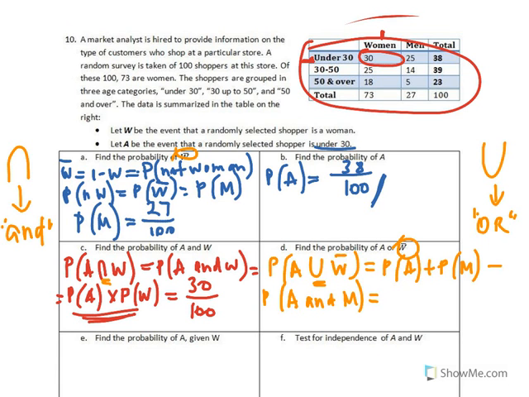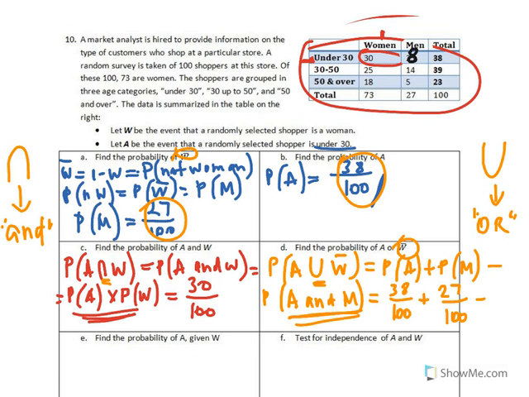Let's count that. What is the probability of A? We have it right over here, so it's 38 over 100, plus what is the probability of men? We have it right here in question A, so that is 27 over 100. Minus the probability of A and men, meaning the probability of men who are under 30.